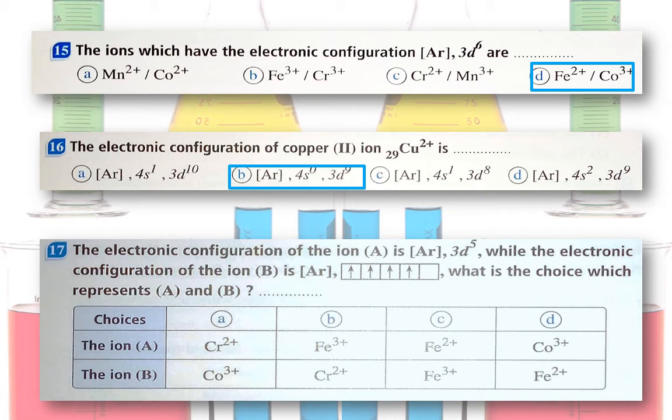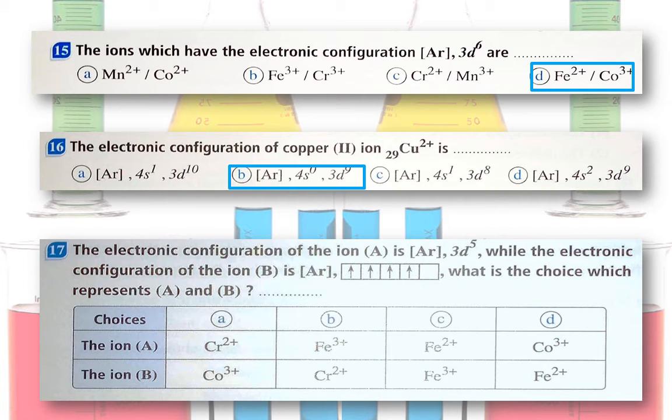Another question, the electronic configuration of ion A is argon 3d5, while the electronic configuration of ion B is argon 3d4. Okay, here we have, what about our choice? The ion A represents what and the ion B represents what?